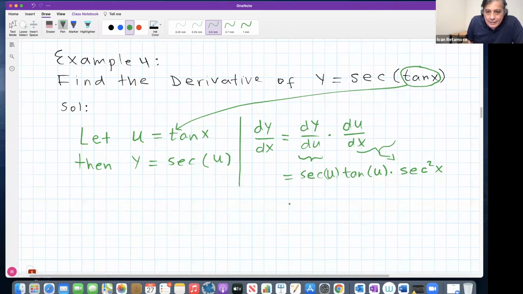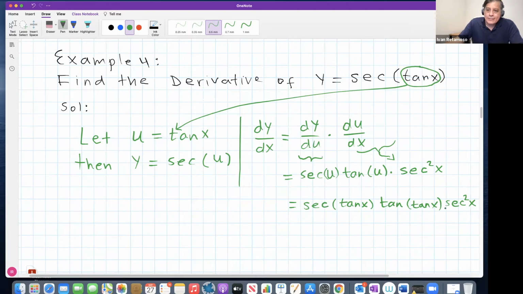Now, finally, just rewrite u in terms of x, which is tangent of x, right? To complete the presentation of this answer. Tangent of u again, tangent of x, right? And this one, secant square of x. That's it. And this should be your final answer. Okay.